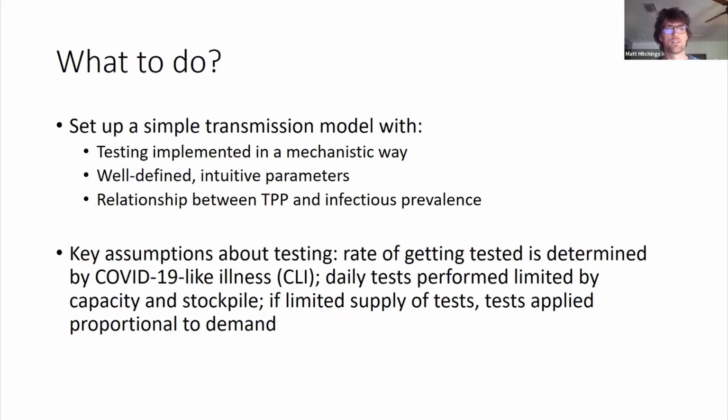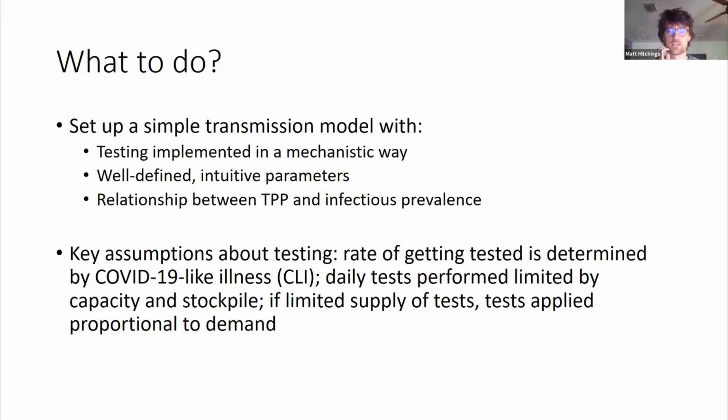So the details aren't particularly interesting or important, but I did make, just very quickly, the assumptions that within a certain compartment, your rate of getting tested is determined by whether or not you're displaying symptoms of COVID-like illness, and also if you're in a certain risk group or not.